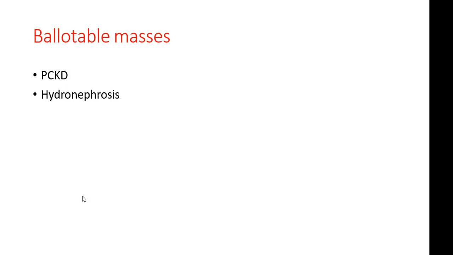Other causes of ascites could be, for example, ovarian cancer in females, intra-abdominal cancers in males like pancreatic cancer, and TB peritonitis. And very, very rarely, a disease called constrictive pericarditis can also cause ascites.